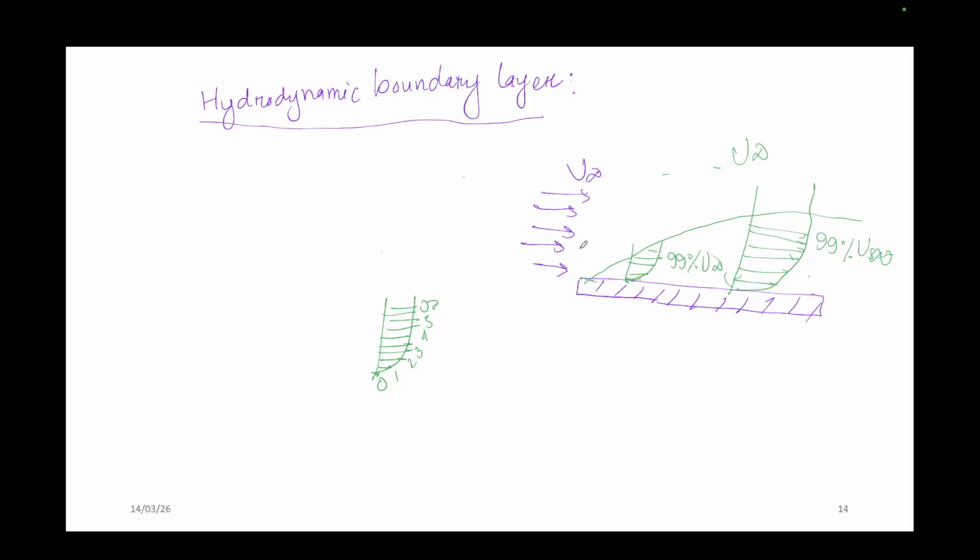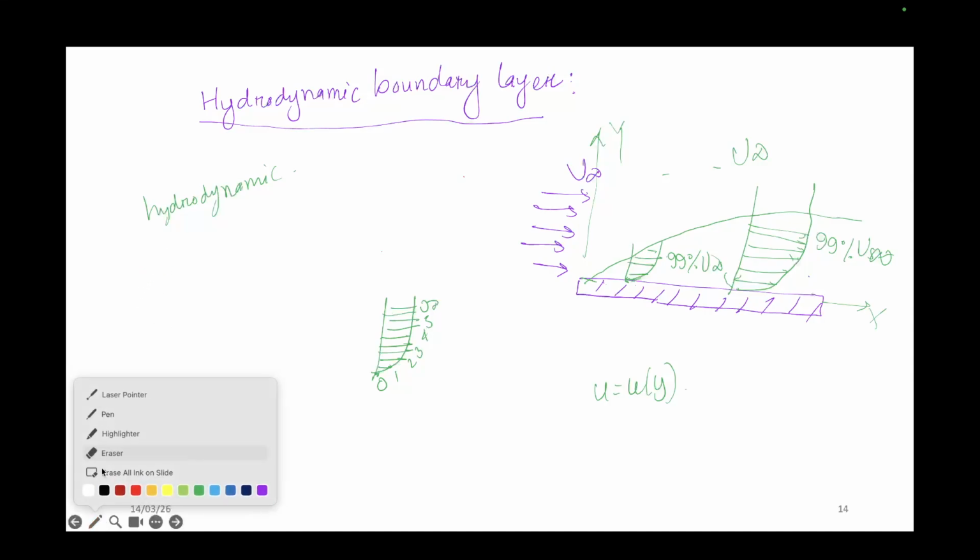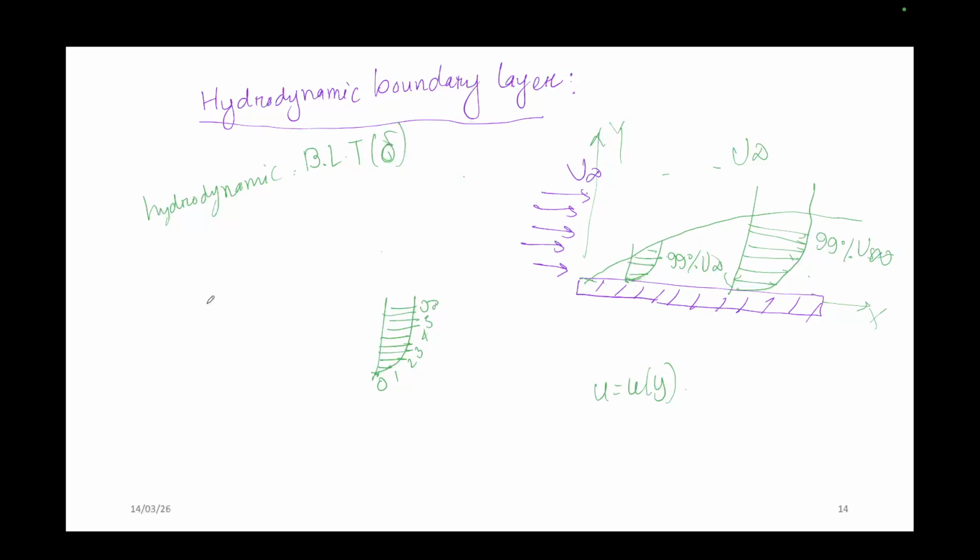Similarly, the thing is that this is in your y direction. This is your y direction and this is your x direction. So u in the y direction should be different. For the hydrodynamic boundary layer thickness, say I represent it as delta.